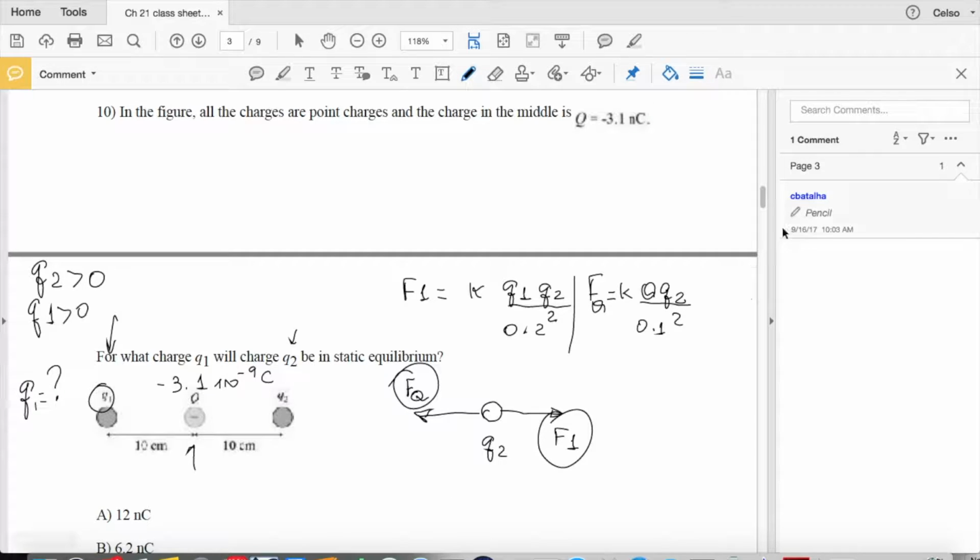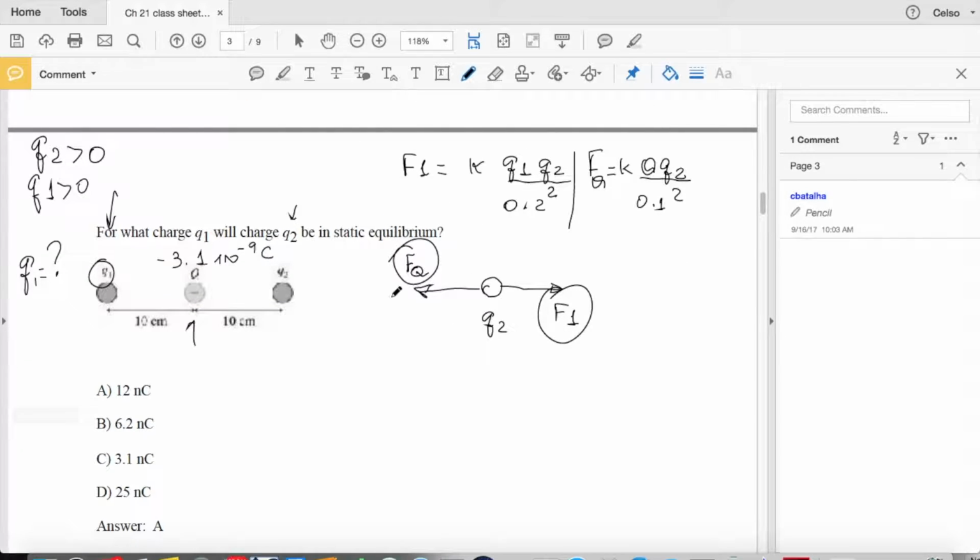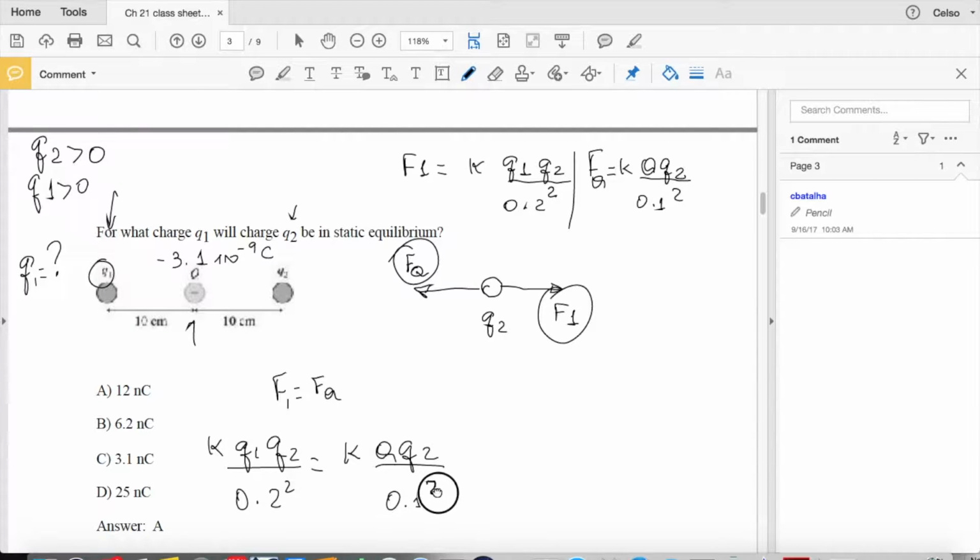That guarantees that Q2 is in equilibrium, which means we want F1 equal to FQ, so K Q1 Q2 divided by 0.2 squared equals K Q Q2 divided by 0.1 squared.